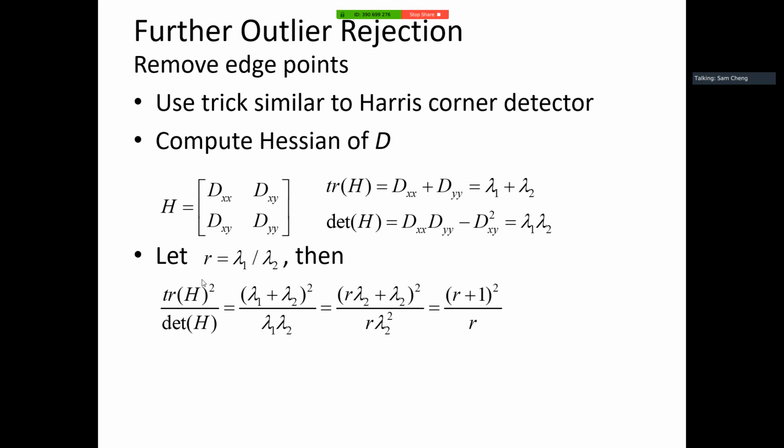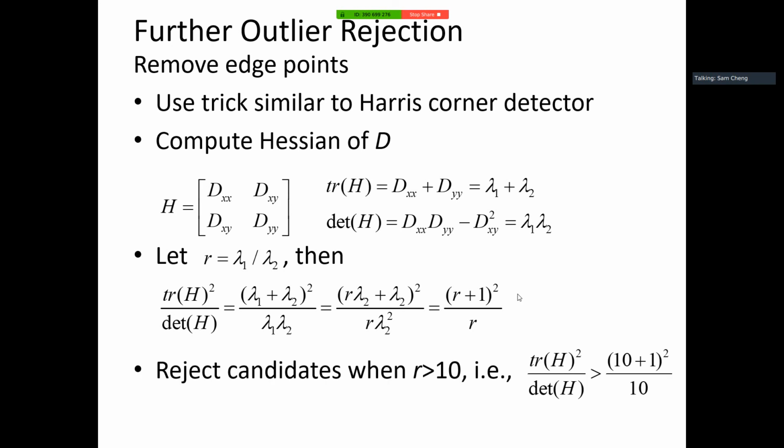And note that if I consider this ratio, let's say R is equal to lambda 1 over lambda 2, then the ratio is just equal to (R plus 1) squared over R. And this is a monotonic function of R. So therefore, if I want to reject everything where R is bigger than 10, I can just compare this against (10 plus 1) squared over 10, right?